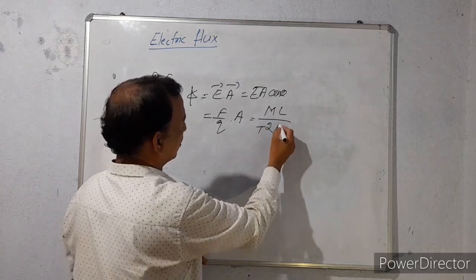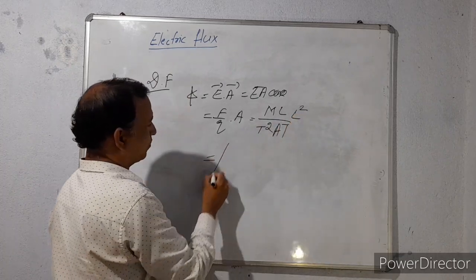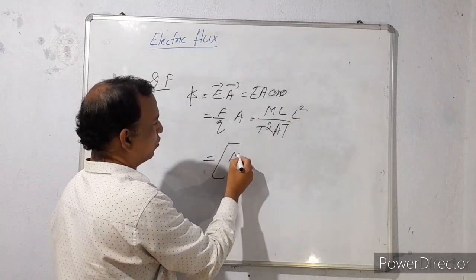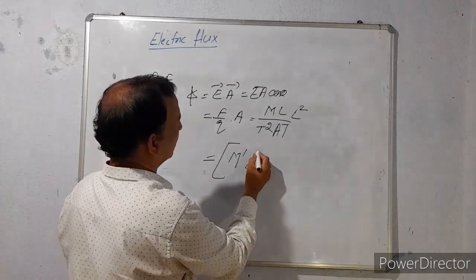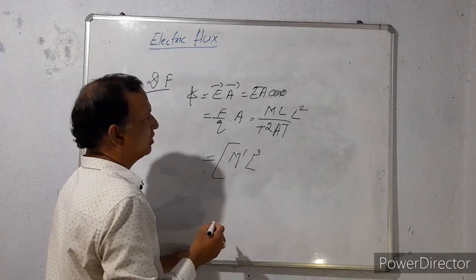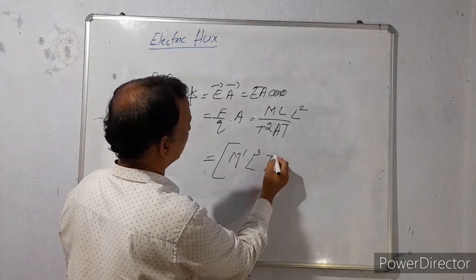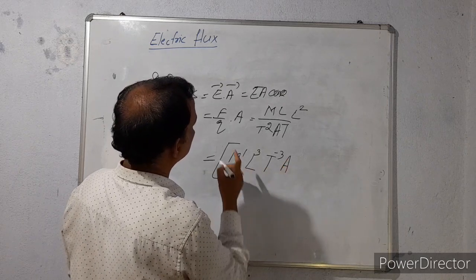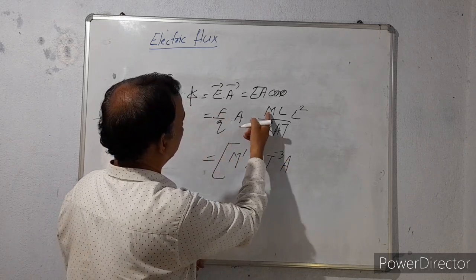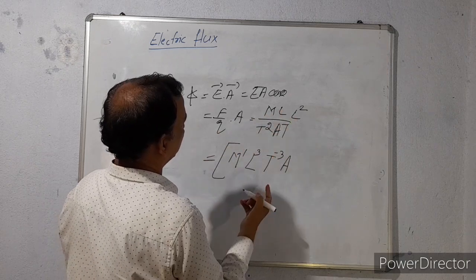Charge is A T, area is L square. So F is M A, that is M L by T square, Q is A T, and A is L square.